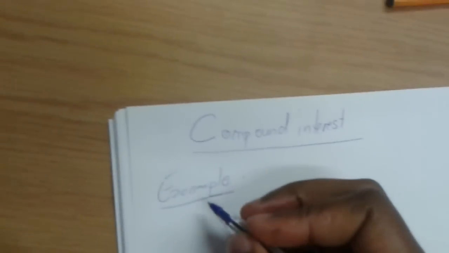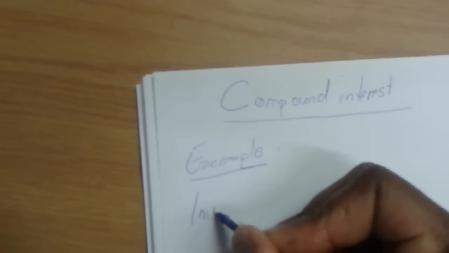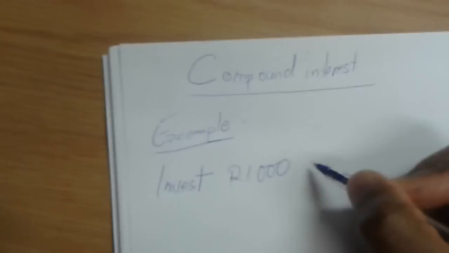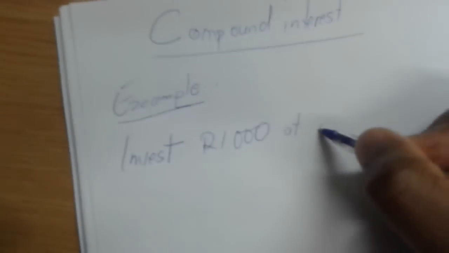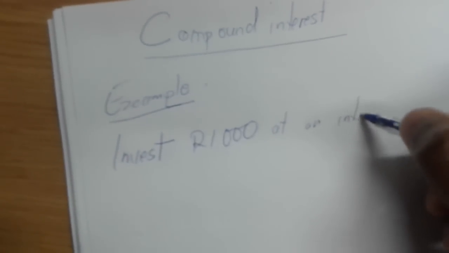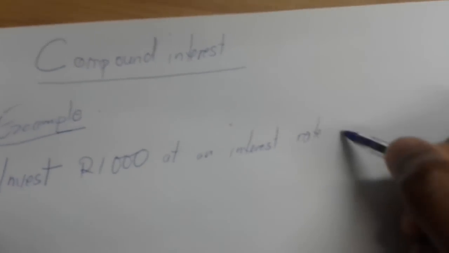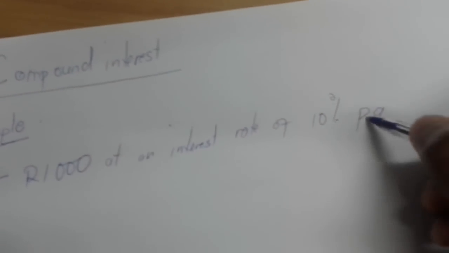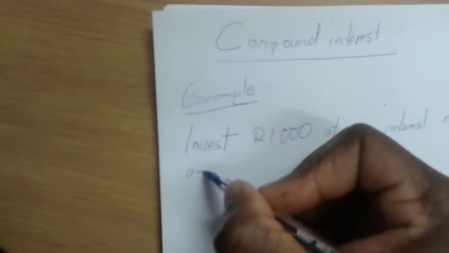Right, so let's say we invest 1,000 at an interest rate of 10% per annum, compounded annually.